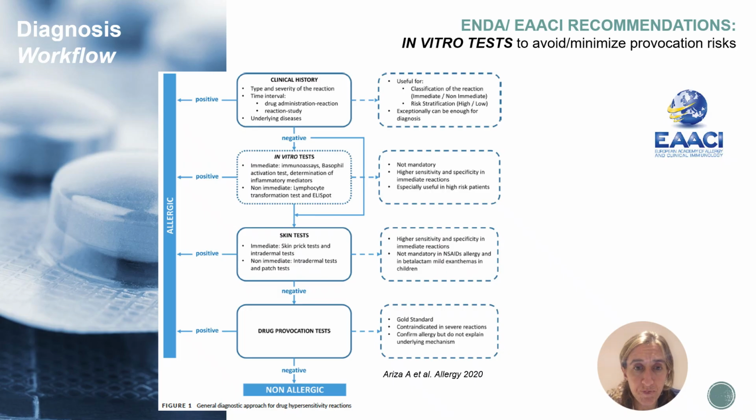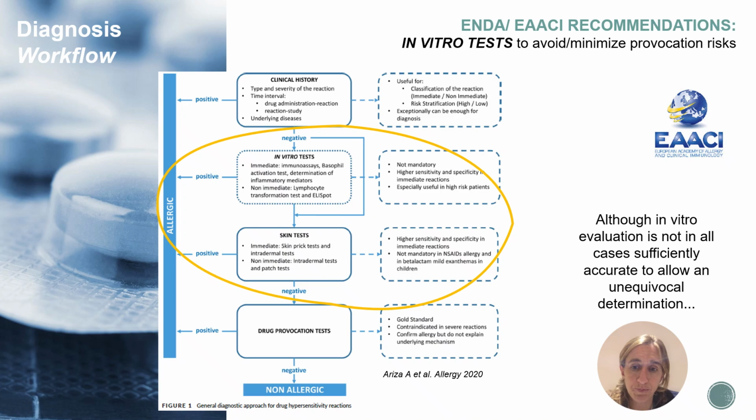It's true that it is still challenging to identify the culprit drug for delayed hypersensitivity reactions, and the in vitro tests have a lot of drawbacks, but it's a safer alternative.